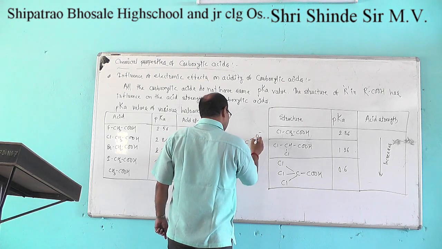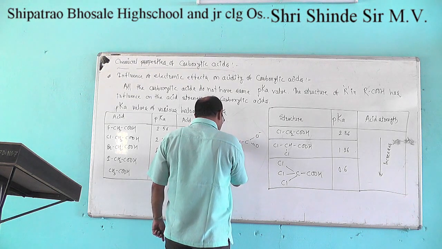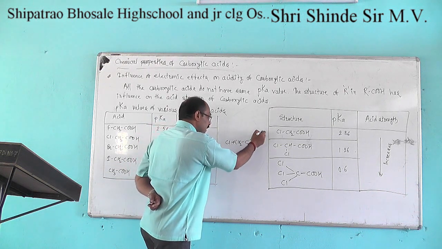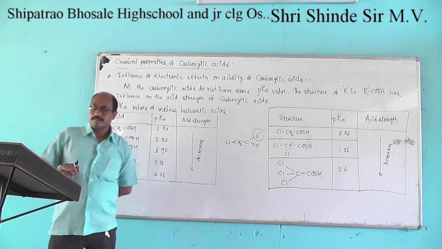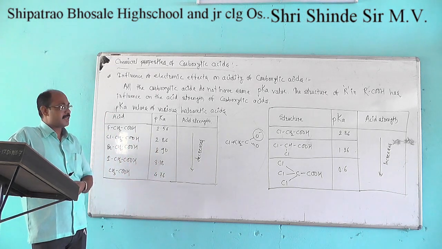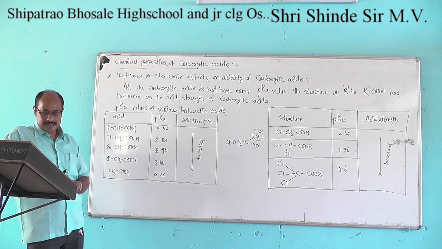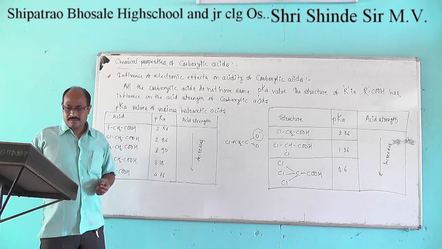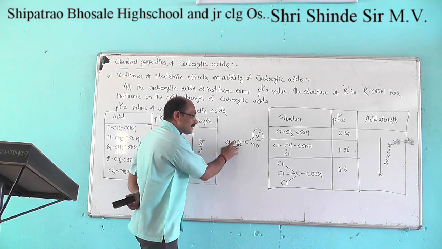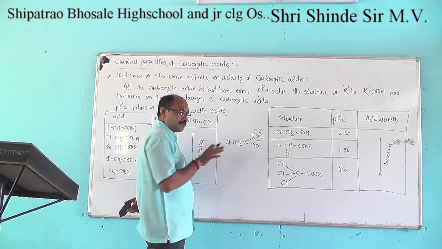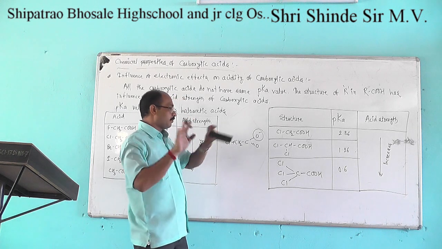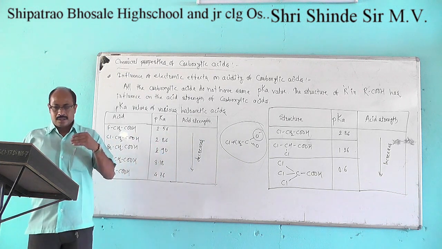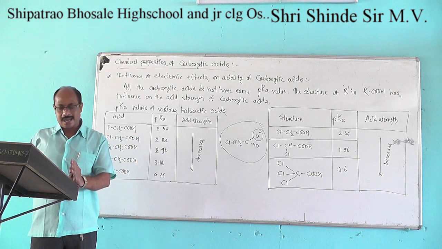The halogen withdraws electron density towards itself, which helps to stabilize the base. The charge is diffused towards the chlorine, towards the halogen, so this can help to stabilize the corresponding carboxylate ions.